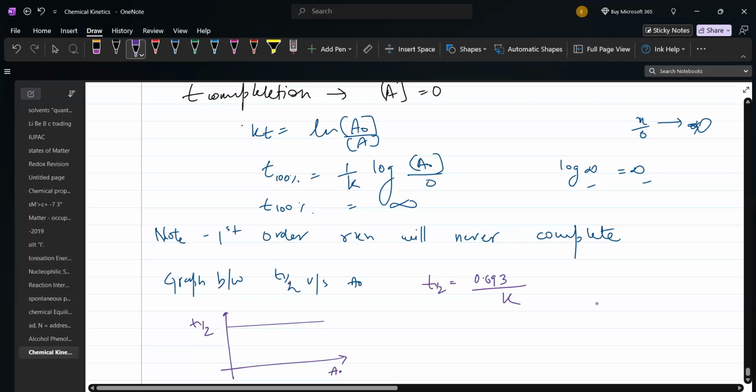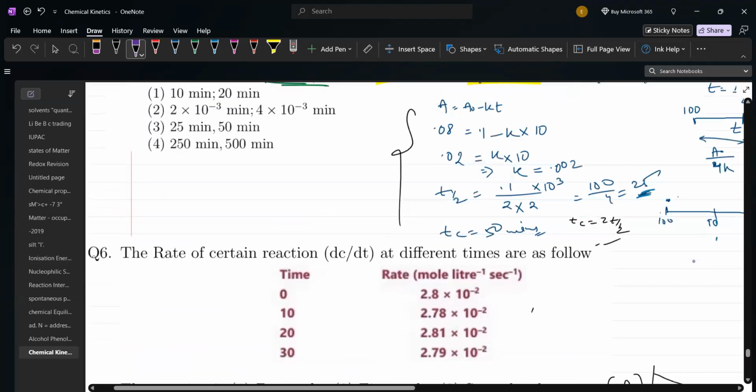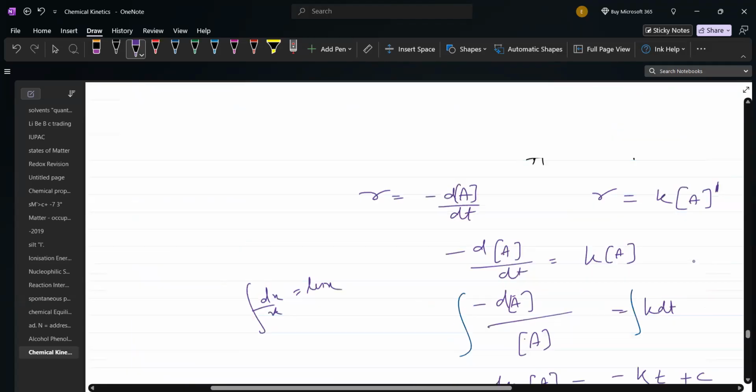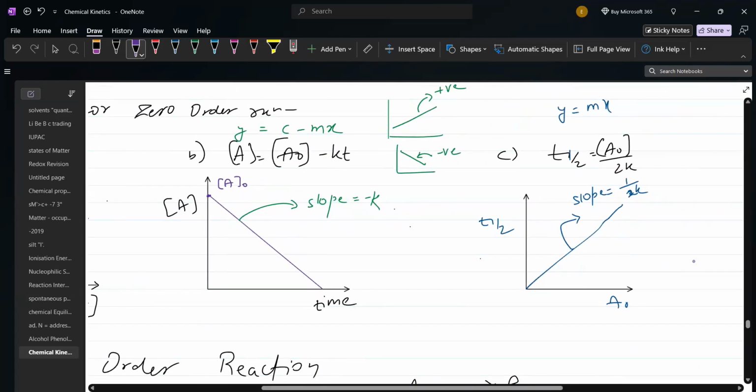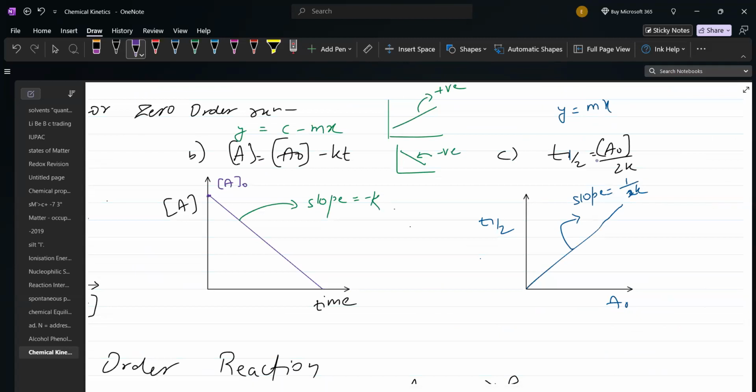And again, we are going to compare with the zero order reaction. T half is equal to A naught upon 2K, right? Yes. What you will see here is T half is proportional to A naught.